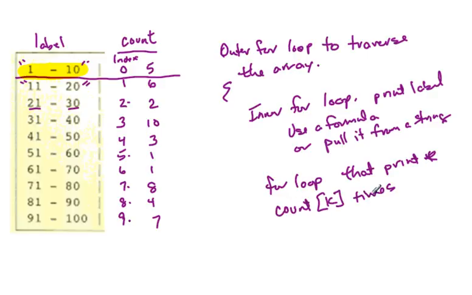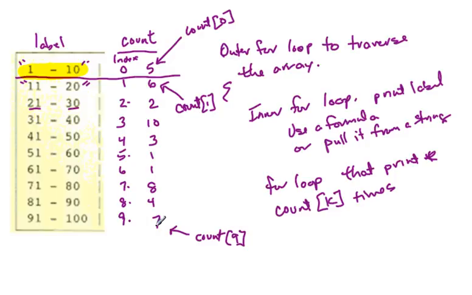Okay, so remember right here, that is count at 0, which is 5. It's going to print 5 stars. This is count at 1. This down here is count at 9. And count at 9 in this case is 7. It's going to print 7 stars.